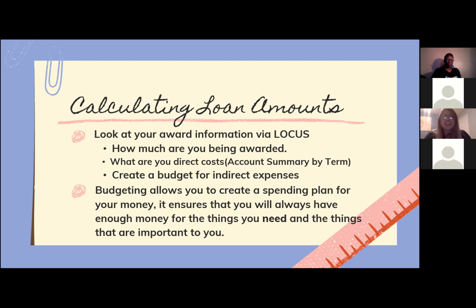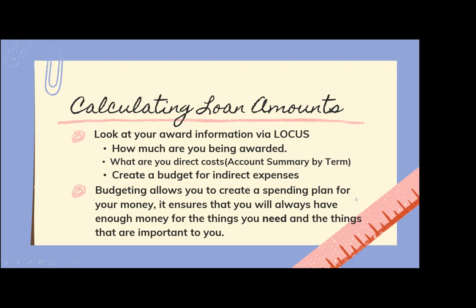I'm going to say that again. It's going to ensure that you have money for the things that you need. So obviously, needs and wants are two different things, right? Unfortunately, as a medical student, the funding that you do receive is limited, and you are in a career path in a program that doesn't allow enough time for you to work and to earn income.